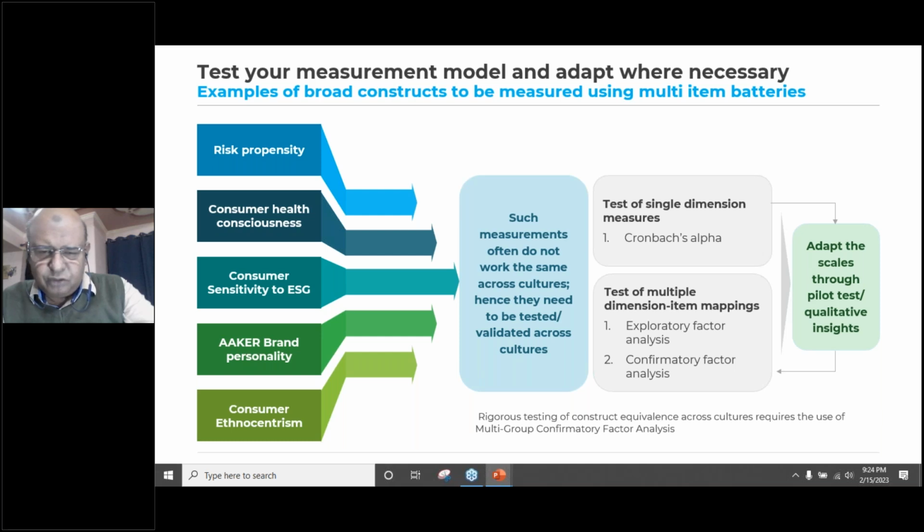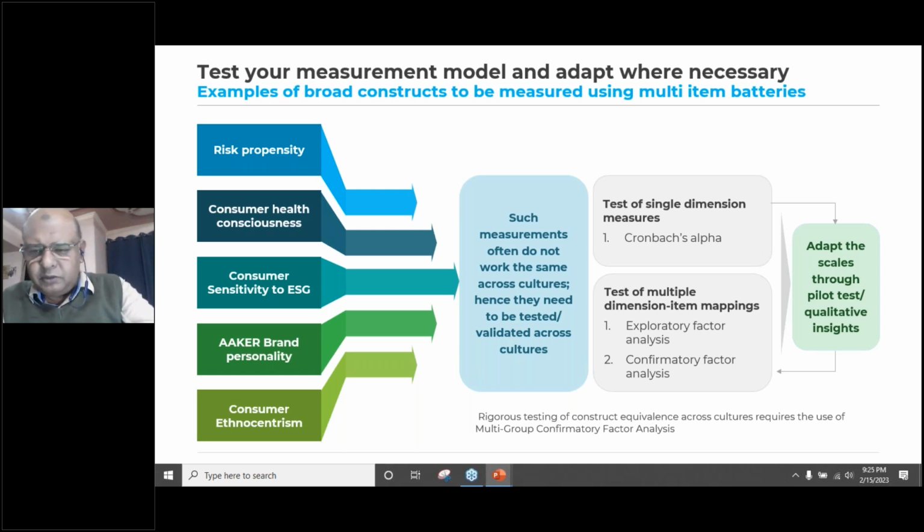So some aspects of a particular construct may be left out in one culture if we use the same scale established in another geography or culture and try and import it here.